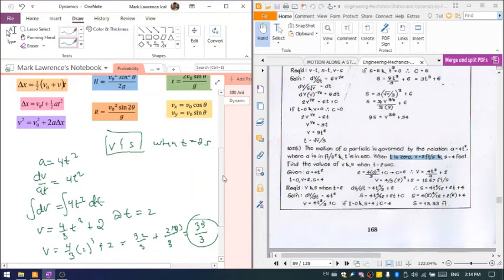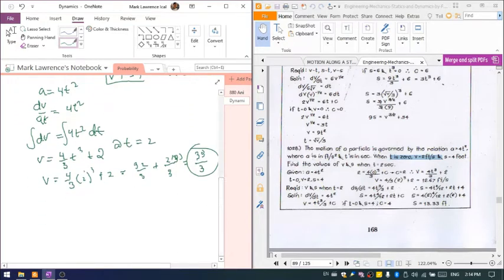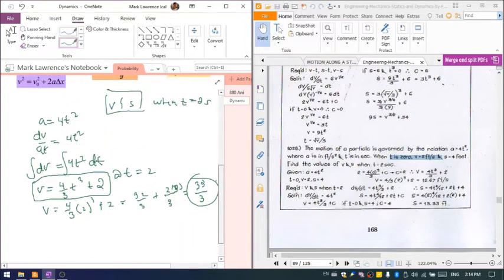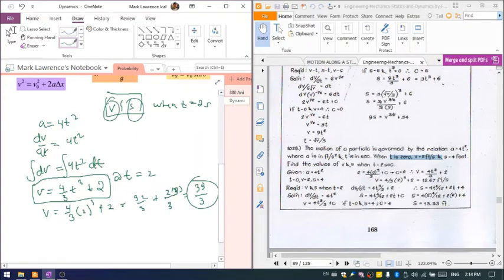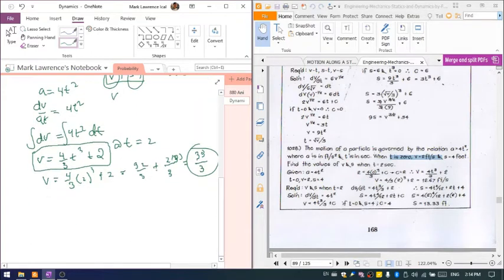But are we finished? Are we done yet? No. So we need to find s. We're already good with the velocity. To find s, again, we know that the velocity is the change in displacement over change in time.